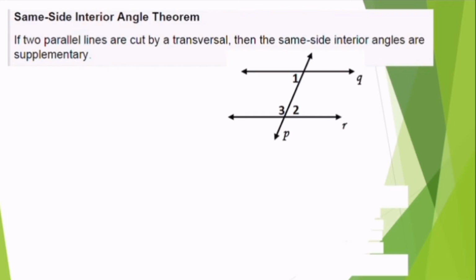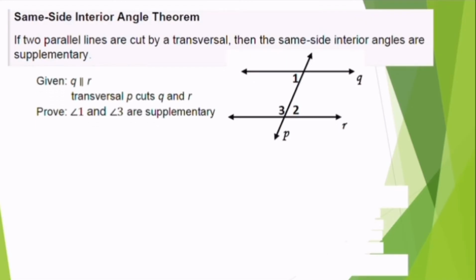If two parallel lines are cut by a transversal, then the same side interior angles are supplementary. So, the given is line Q is parallel to line R, and transversal P cuts line Q and line R. Let's prove angle 1 and angle 3 are supplementary.